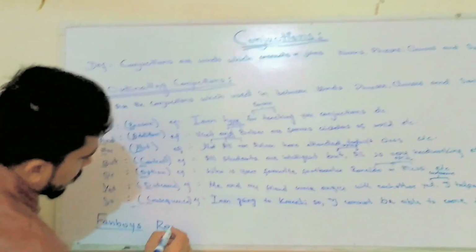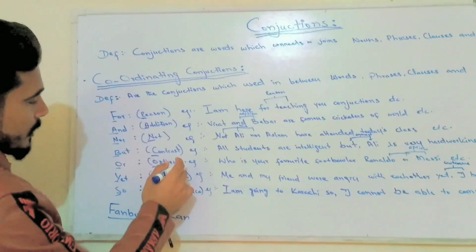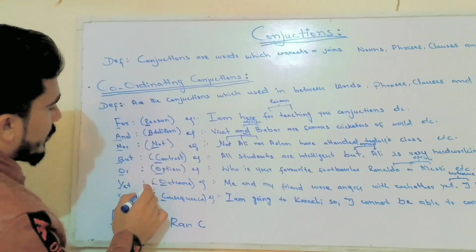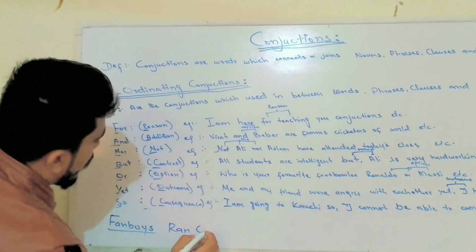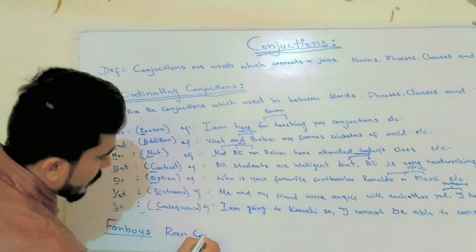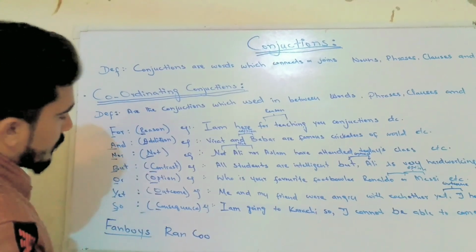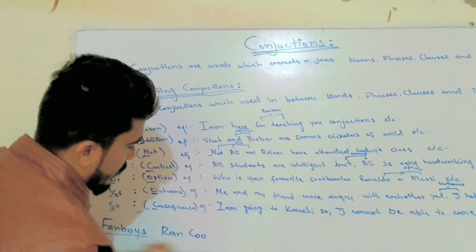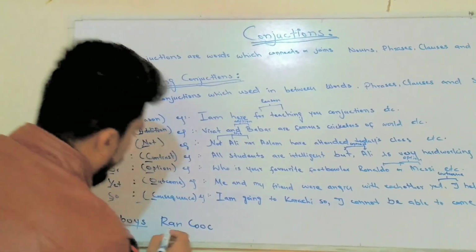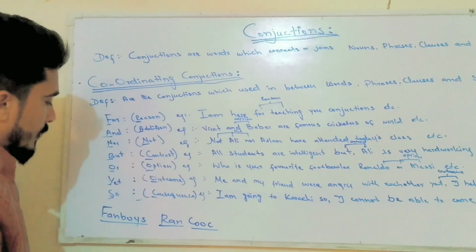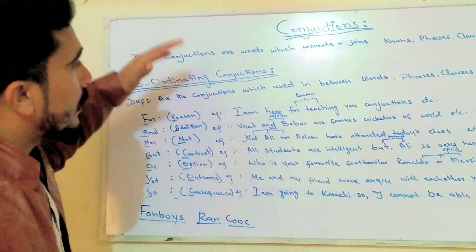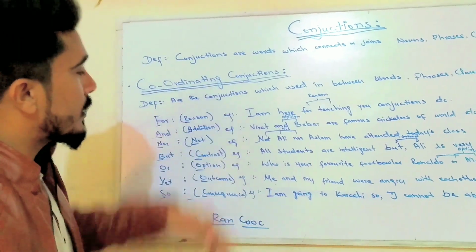Take the first letter of nor, which is N, and then take the first letter of contrast, which is C, and another is option. Take the first letter of it, which is O, and then outcome. Also take the first letter of it, and the last one is consequence. Also take the first letter of it, which gives PANCAKE. So you can also remember these explanations, through which you can easily memorize the coordinating conjunctions.